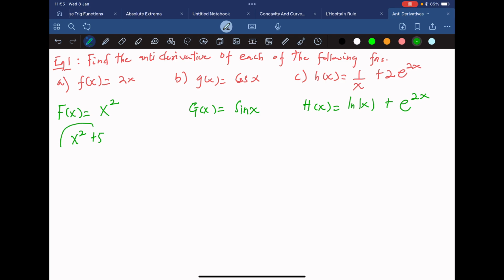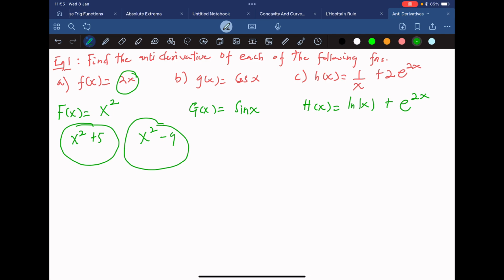Now, if you differentiate this one right here, you're also going to get 2x. You know that, right? Okay. If you also have, say, x squared minus 9, if we differentiate this, you also end up getting this.